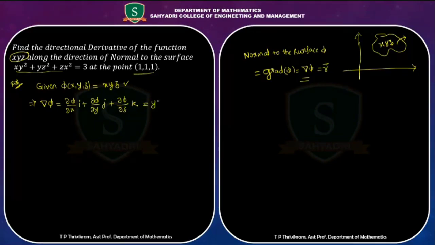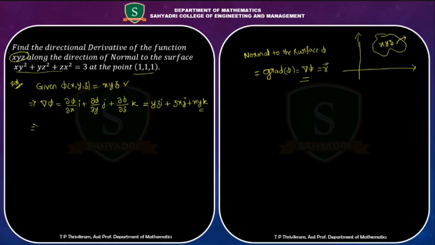First we'll get yz i plus zx j plus xy k. Okay, if you differentiate this function with respect to x, you'll get yz in the first term, with respect to y, xz in the second term, next with respect to z, xy in the third term.